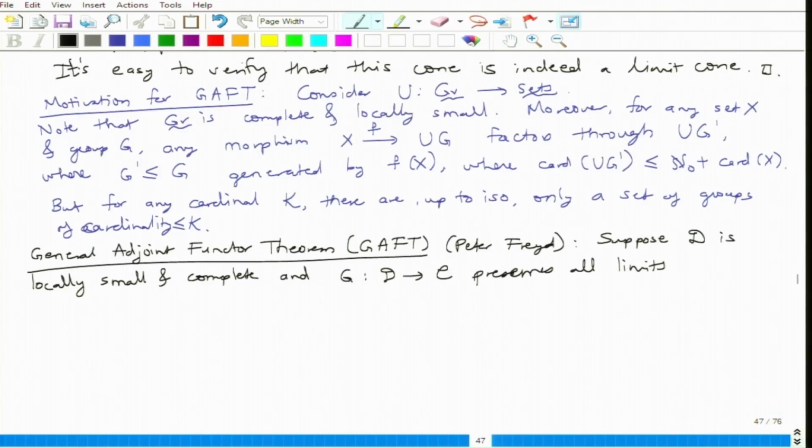G is continuous. Then G has a left adjoint if and only if it satisfies the solution set condition.